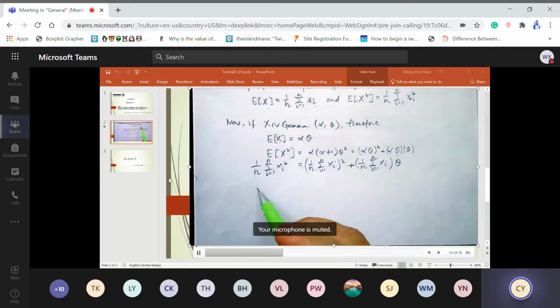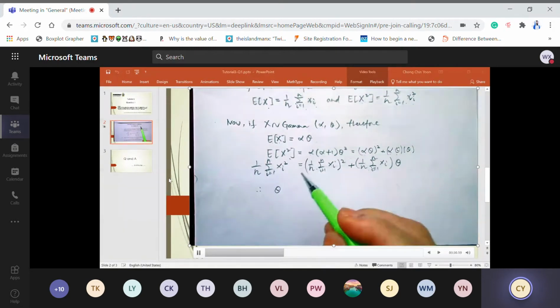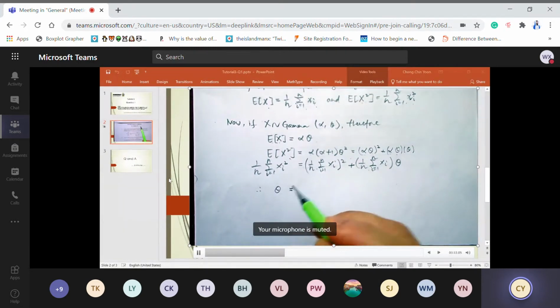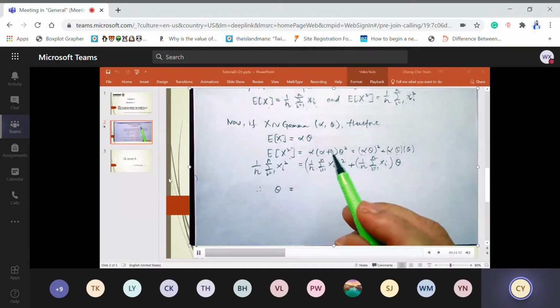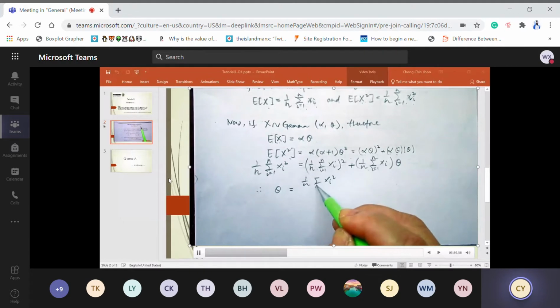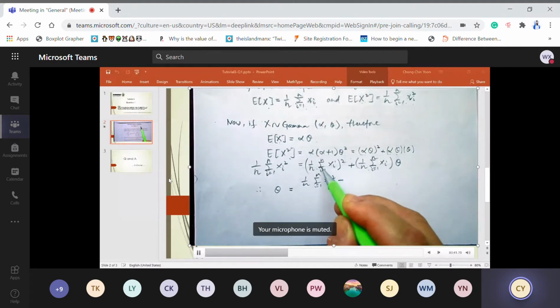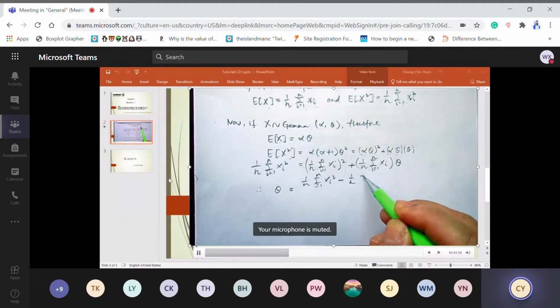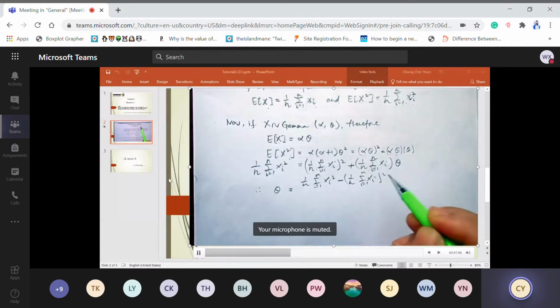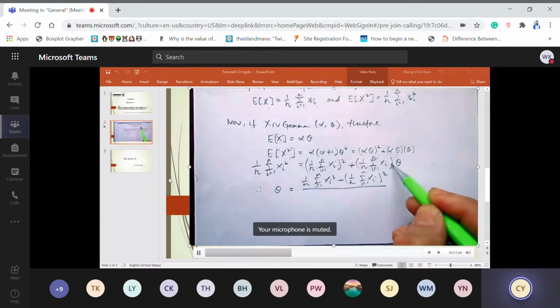So therefore, we found the theta, which equals this result minus this squared, divided by this result.